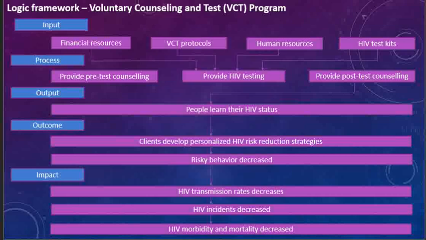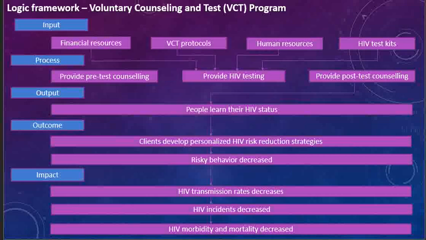What is the impact of this project? After having all these inputs, in general, the impact would be that HIV transmission rate would decrease, HIV incidence would decrease, HIV morbidity and mortality will decrease because of all these inputs, processes, outputs, outcomes, impact.